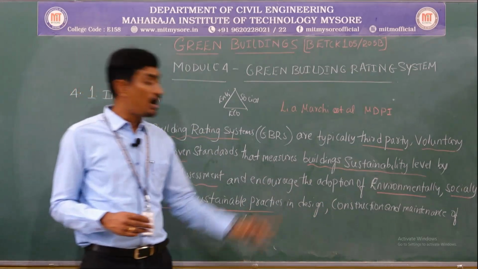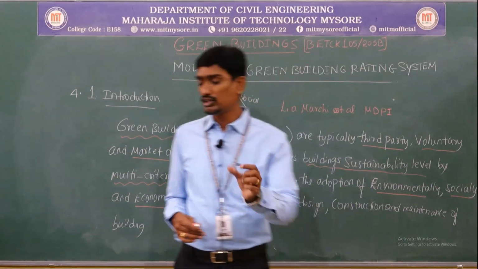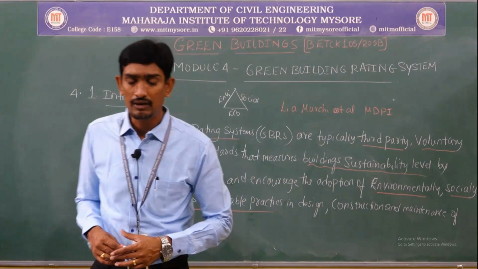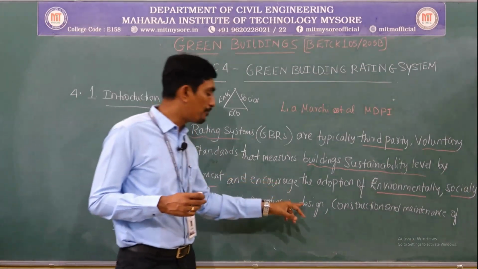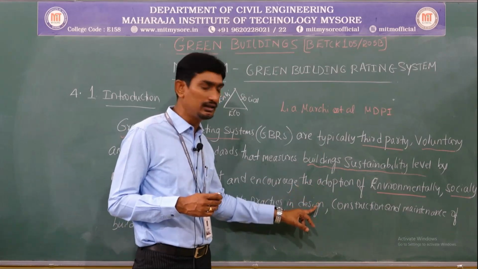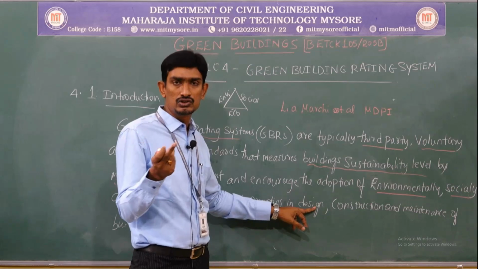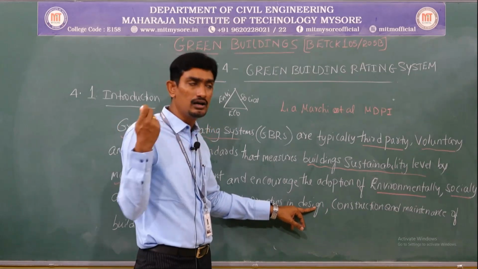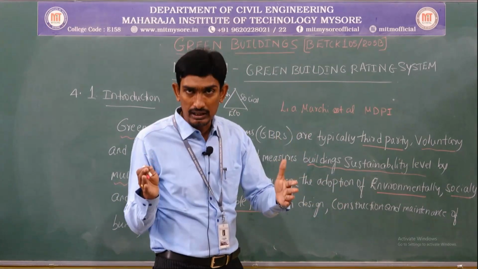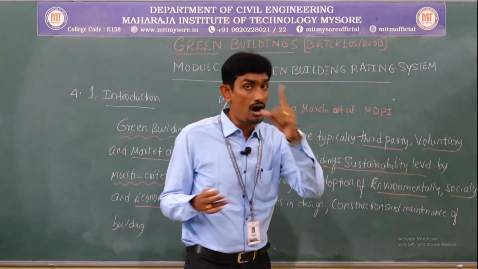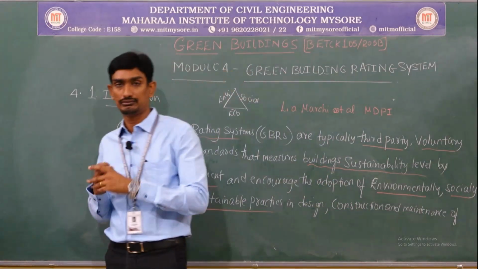So that's why operation and maintenance is very, very important. I will just take a small example. If you properly plan or design the building, as I told, so that natural light and natural air can pass inside the building, and construct with proper eco-friendly material, then the operation and maintenance cost will come down or reduce.